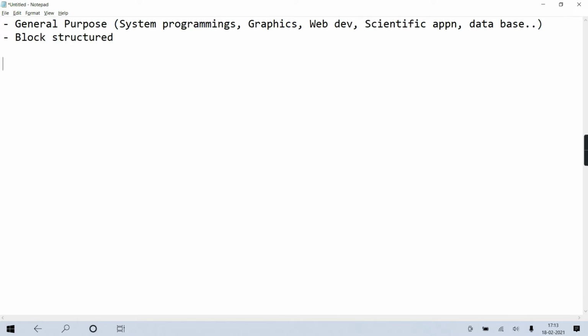Block means related statements, a logical group of statements and declarations. So a block structured language gives the facility of writing blocks.